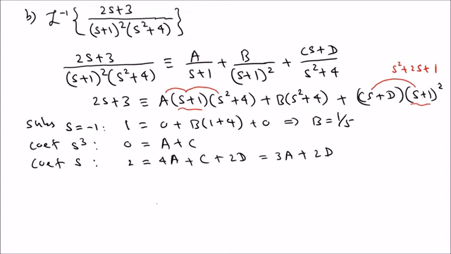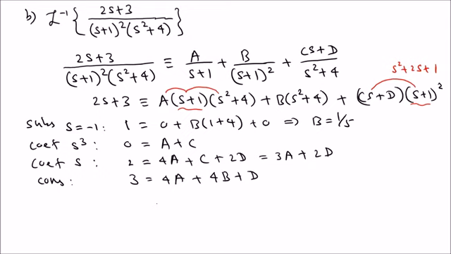And then let's go with the constant term. You get 3 on this side. What is the constant here? 4a is a constant, 4b is a constant, and from the last one, d is a constant. Now we need 2 equations with the same variable, so we can substitute for b in the last one, where b is 1/5.